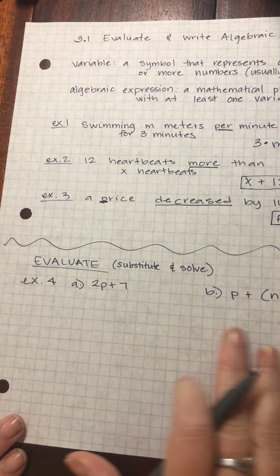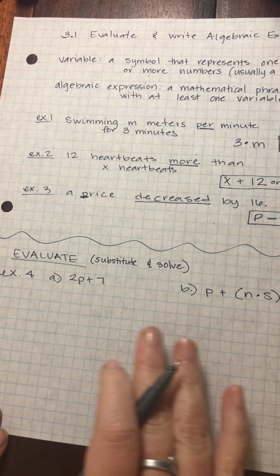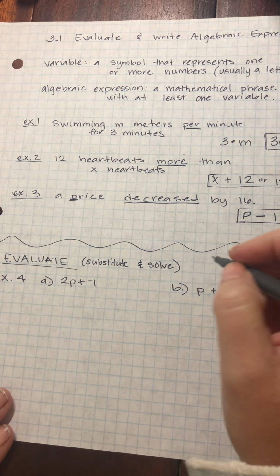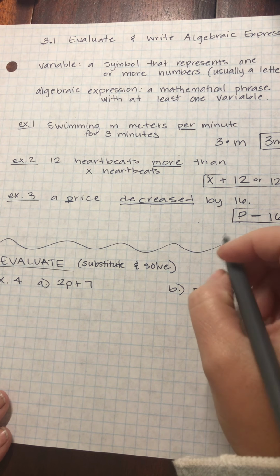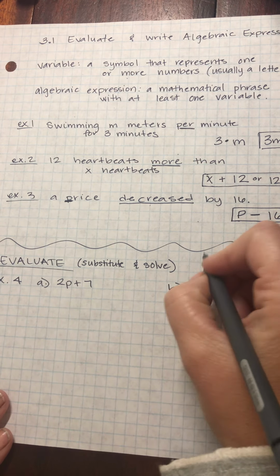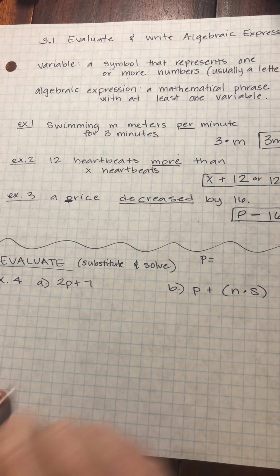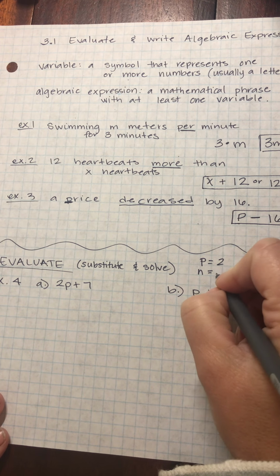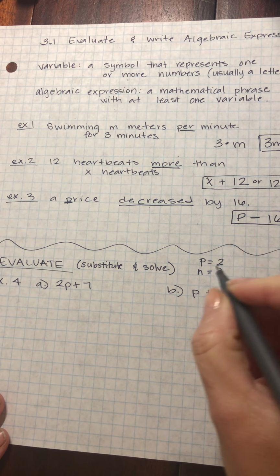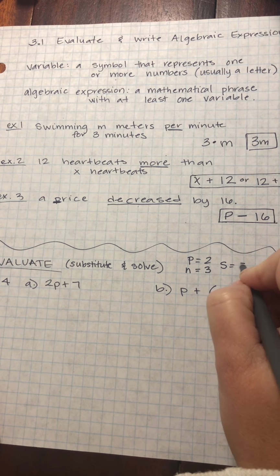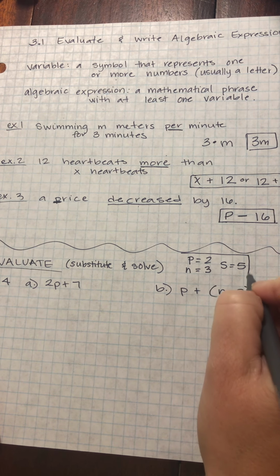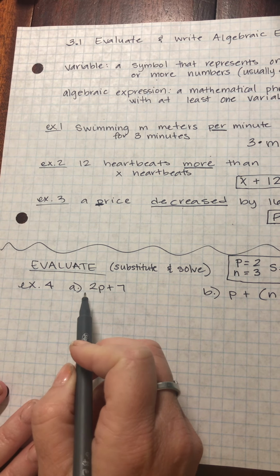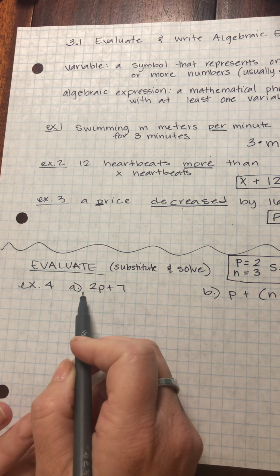So for A and B, we're going to use the same information for both of these, but we'll start with A. We're going to use P is equal to 2, and then for B we need a few more, so we have N is equal to 3, and then S is equal to 5. So this information right here, along with the problem, is going to be provided. Okay, so that's going to come from the book.